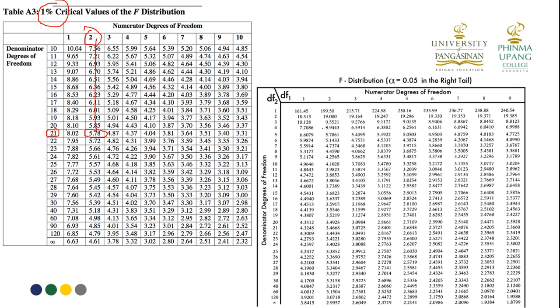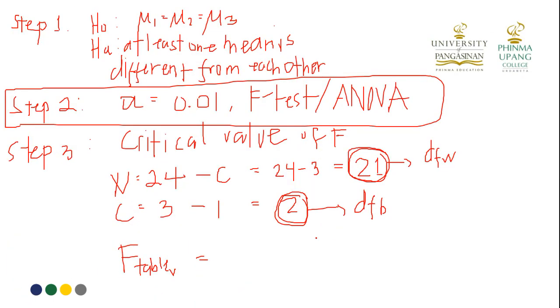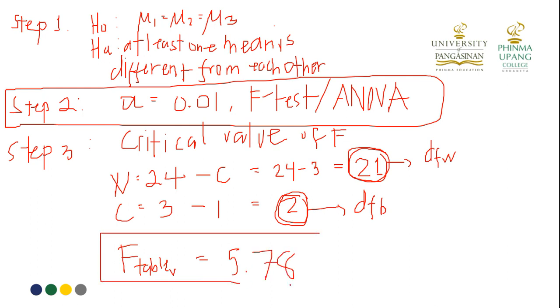Yan, tinadhana sila sa 5.78. Lagay natin dito, 5.78. Gets po yung pagkuha ng step number 3? Hello? Gets po? Yes, sir.